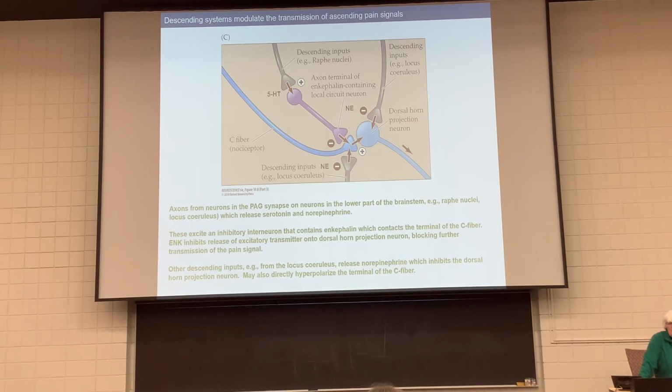It hyperpolarizes that axon terminal. If I hyperpolarize an axon terminal, is it going to release neurotransmitter? No, calcium is not going to come in. We're not going to elicit that whole response. So basically, in this system, we're still affecting the activity in the dorsal horn neuron, but we're doing it by inhibiting the C fiber from releasing neurotransmitter.